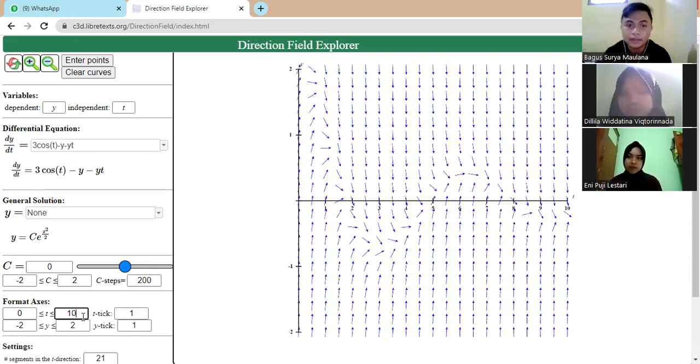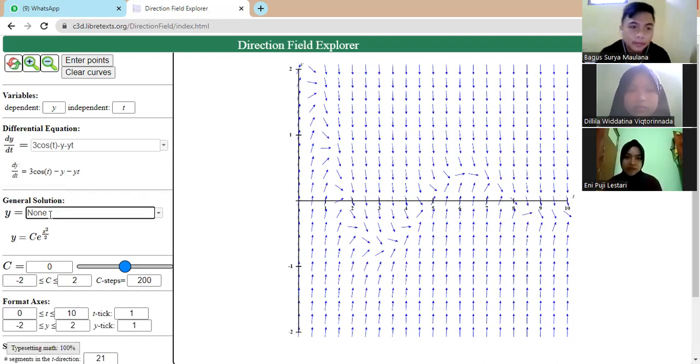Okay, just like this. And then if we have a differential equation, we have to find the general solution of it. We can write the general solution as y equals something, so we have to integrate the dy over dt in here.